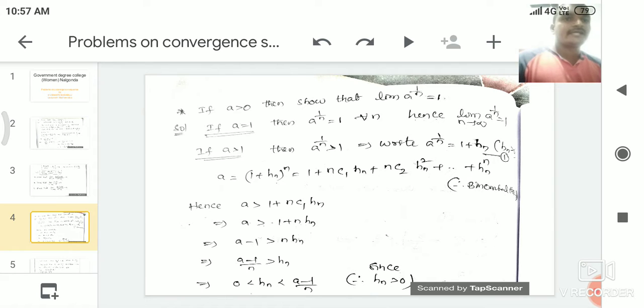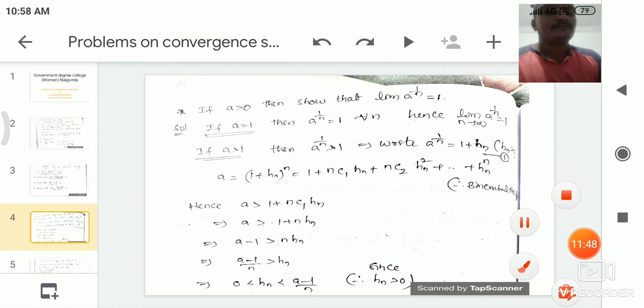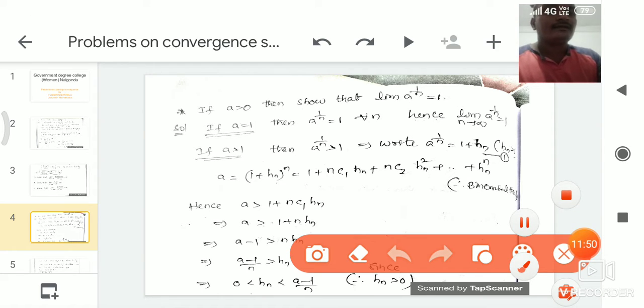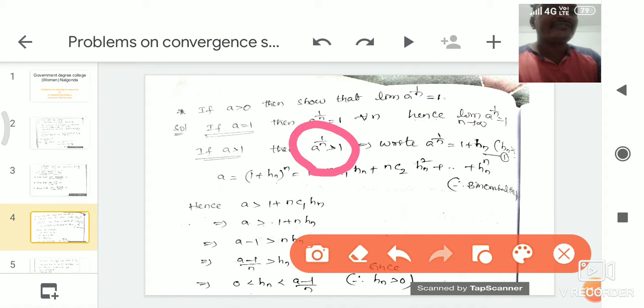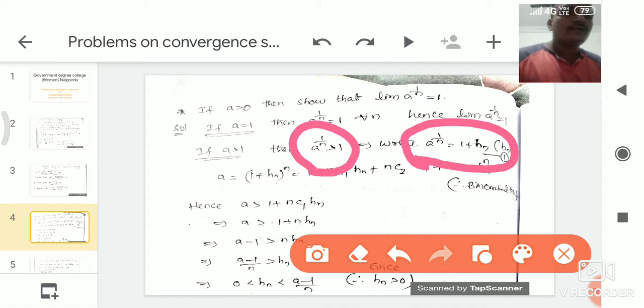So whenever a power 1 by n is greater than 1, we write it as a power 1 by n is equal to 1 plus hn for some hn greater than 0.